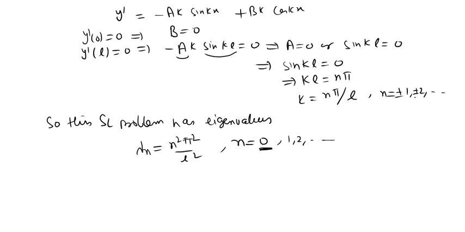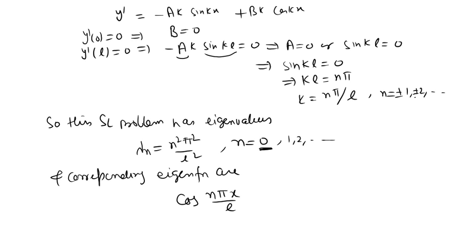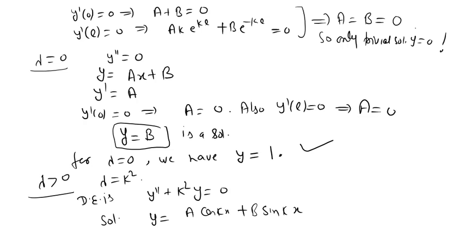So these are the eigenvalues and the corresponding eigenfunctions are cos n pi x by L. Okay, so you can see from the equation, this is the solution we assumed.